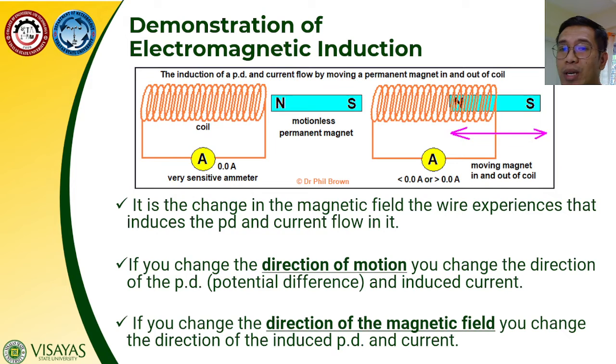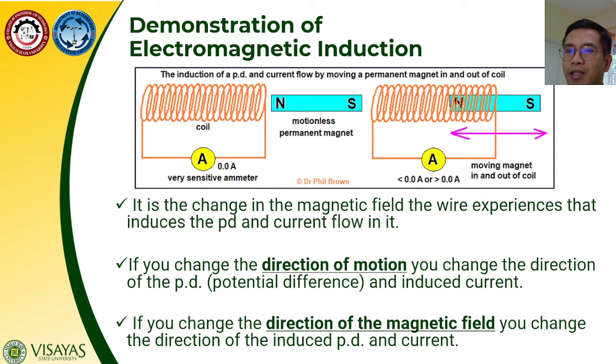Similarly, if we swap the poles of the magnet around, so from negative pole to positive pole ato siyang iswap, which is what we will do sa atong lab experiment number 5, the two readings will be reversed. So the positive ammeter reading will become negative and the negative ammeter reading will become positive.